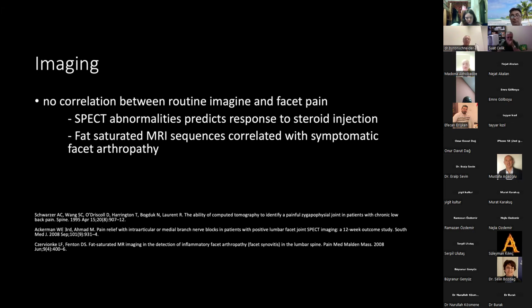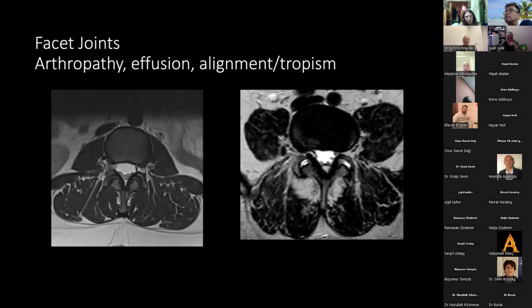There's a little bit of research there as well, showing that on fat-saturated MRI sequences, if you see increased edema within the facet, that may correlate with symptomatic facet arthropathy as opposed to incidental facet arthropathy. So this is one image on your right here where there are effusions within the facet joint, which are not quite the same as periarticular edema. But if you see something like that, that may be related to facet pain.